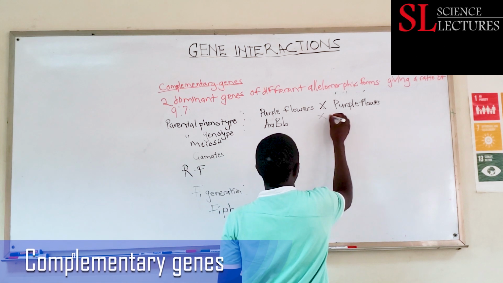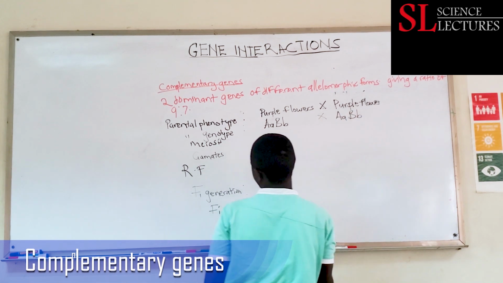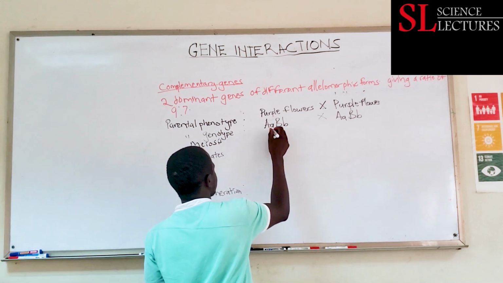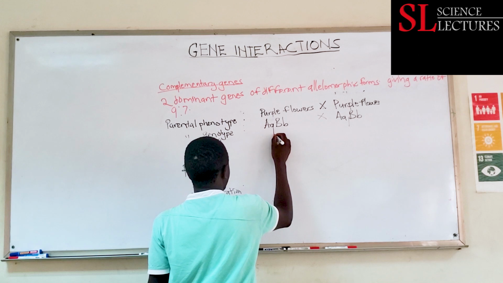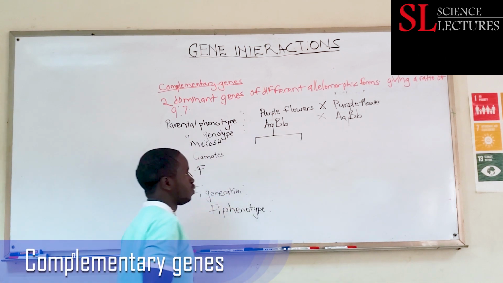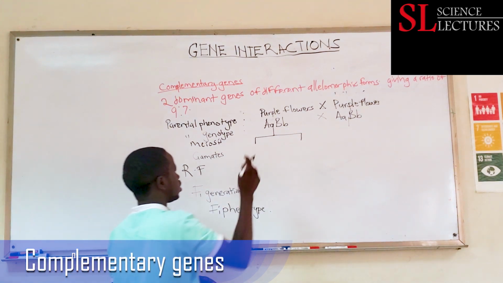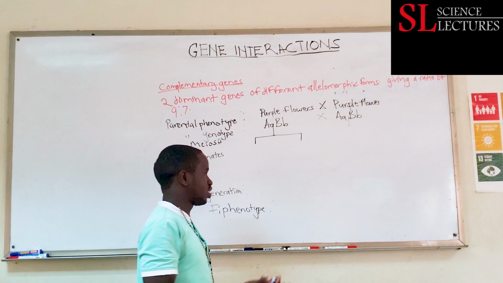Still I'm also having here capital A, small a, capital B, small b. This one will undergo meiosis, and we are supposed to obtain 4 gametes. We said from Mendel's second law that separation of these genes is just random.